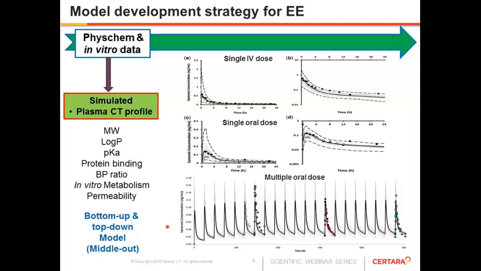So using a combination of a bottom-up and a top-down approach, we were able to develop a model for EE. Now, these graphs on the right show a recovery of the exposure of ethinylestradiol after both IV and oral administration, single and multiple dose.